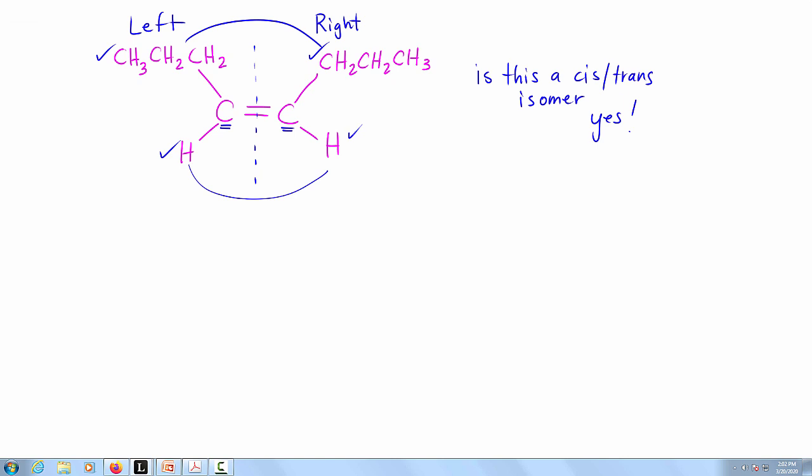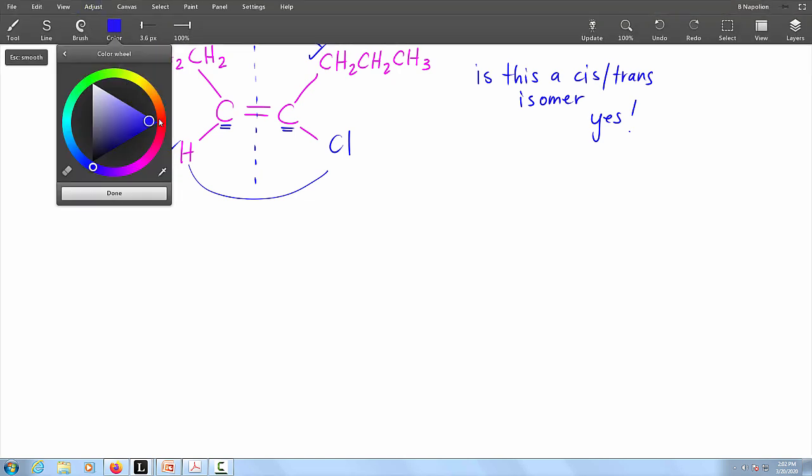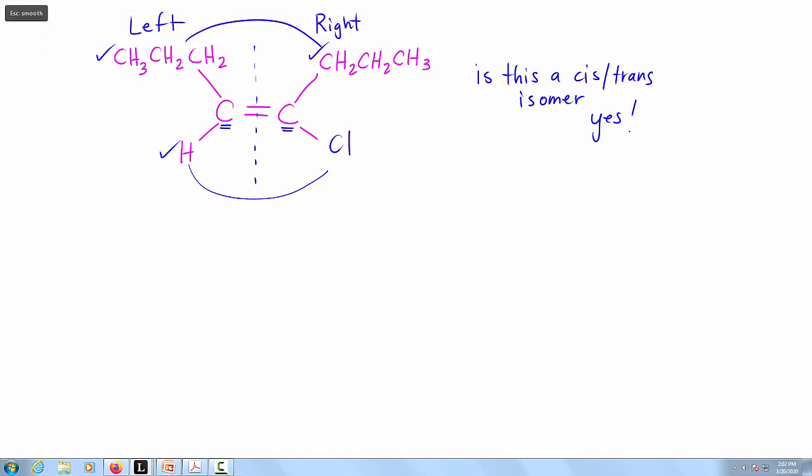Okay, now what if I change this H to a Cl? What if I change that H to a Cl? Is this still a cis-trans isomer? Well, yes it is, because on my adjacent carbons across the double bond, these two groups are the same.